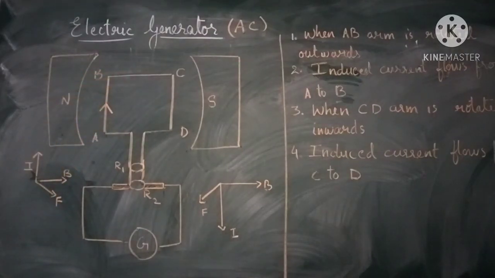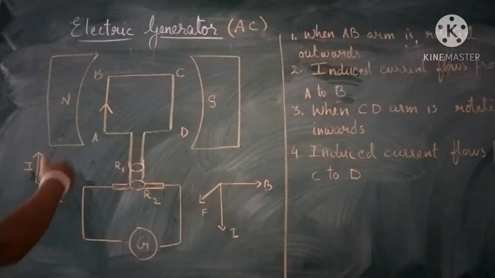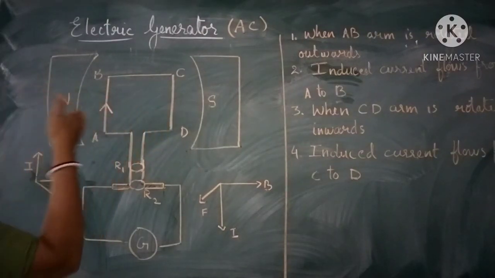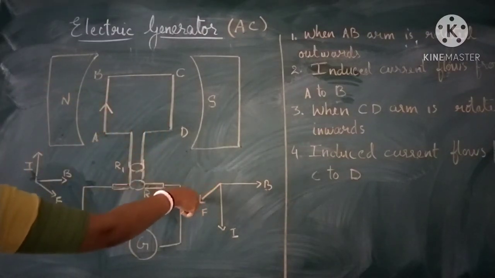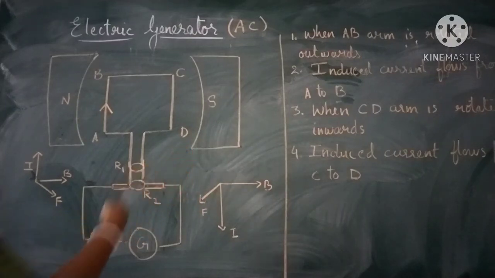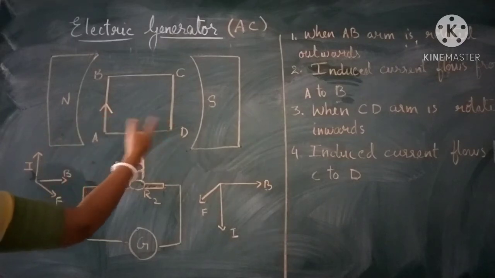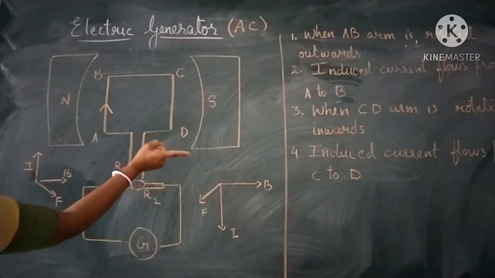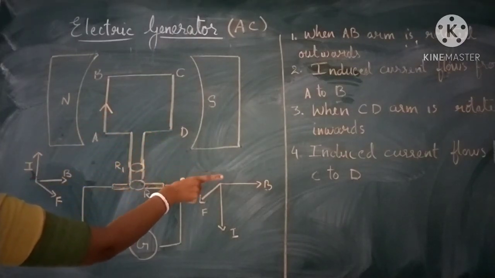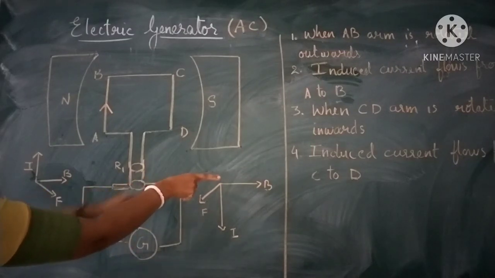Induced current will be produced. Similarly, when the CD is going to go inward, this is representing the direction of force which is going inside the board. So when CD goes inward and the direction of the magnetic field is again from north to south, this is the direction of the thumb, going inside the board.